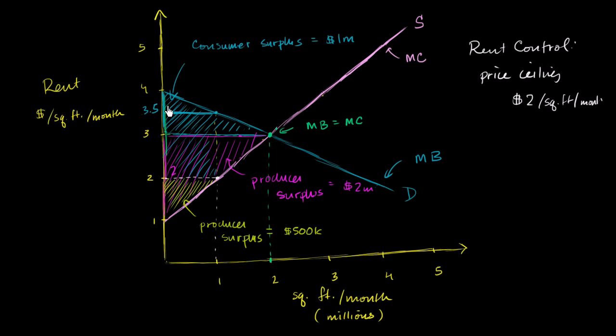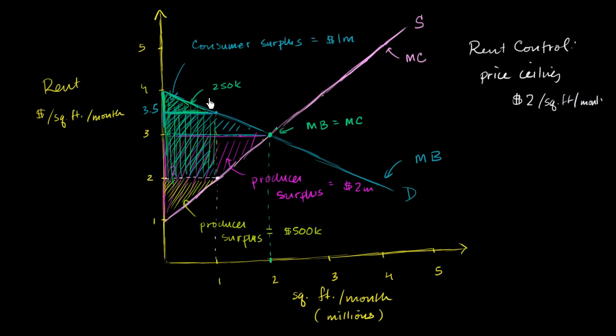And actually, let me do it in a different color. In this green area right over here, what is it going to be? Well, the area of this thing right over here is 1/2 times 1 times 1/2. So this right over here is 250K. And we add that to this area right over here, which is 1.5 times 1. $1.50 per square foot per month times 1 million.